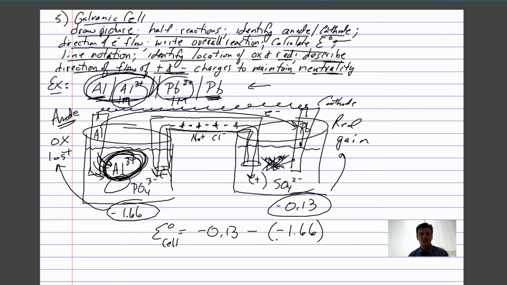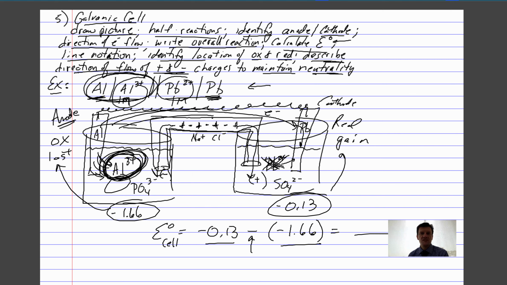Okay? So larger number minus the smaller number, that calculation gives you the voltage of this cell. It's basically telling you the force behind those electrons. How strong is that push or pull on those electrons to push them from one side to the other side?